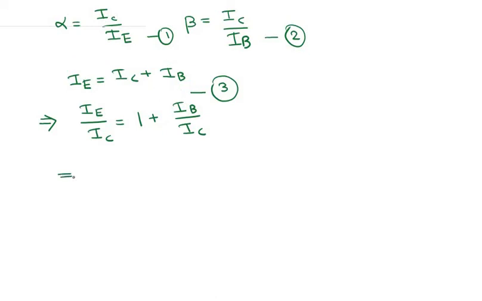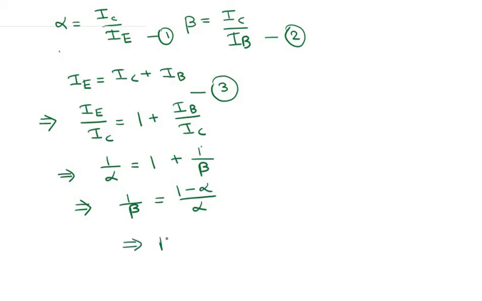Now IE by IC is equal to 1 by alpha from this equation. So 1 by alpha equals 1 plus IB by IC, which is equal to 1 by beta from this equation. So 1 by beta is equal to 1 minus alpha divided by alpha, which implies that beta is equal to alpha divided by 1 minus alpha.